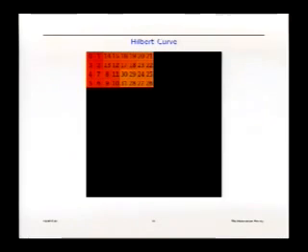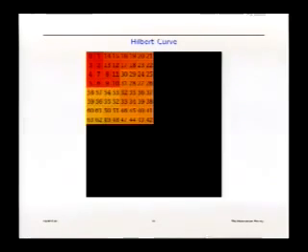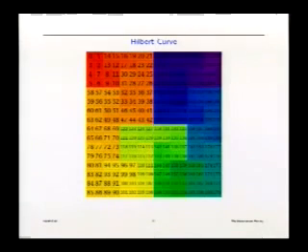I'm not going to go through all of them one by one. Here's the next chunk, and so on. So that's all 256 /8s in the IPv4 address space, and the color is related to the number, obviously.